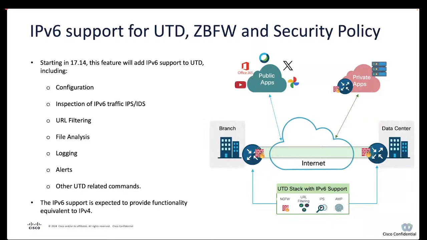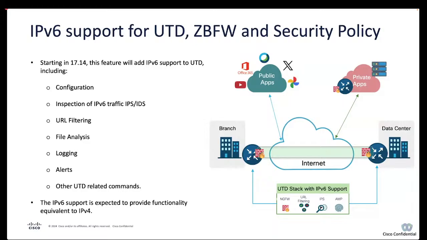So before 17.14 / 20.14, in Catalyst SD-WAN, advanced inspection profiles like IPS, URL filtering, and advanced malware protection supported inspecting IPv4 traffic only, but not IPv6 traffic. This means the IPv6 traffic could go through, but could not be inspected and logged using the UTD engine, right?